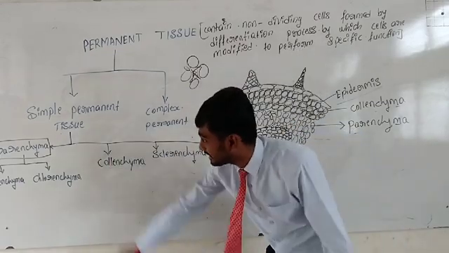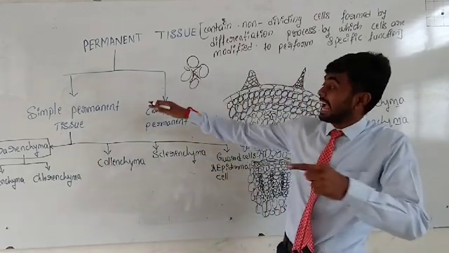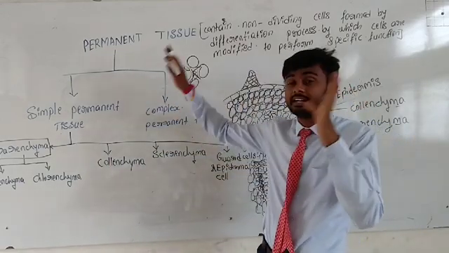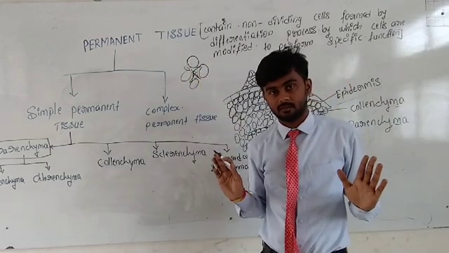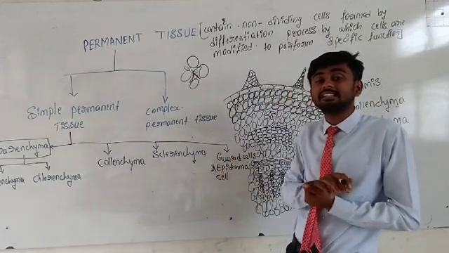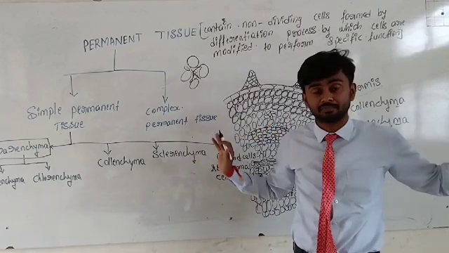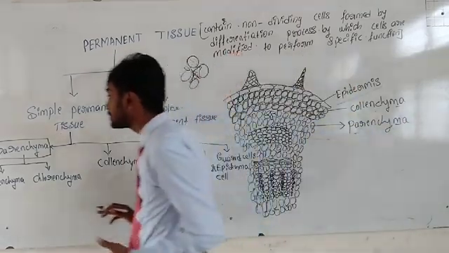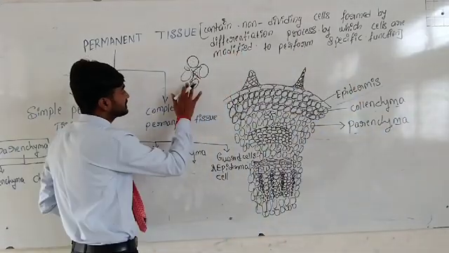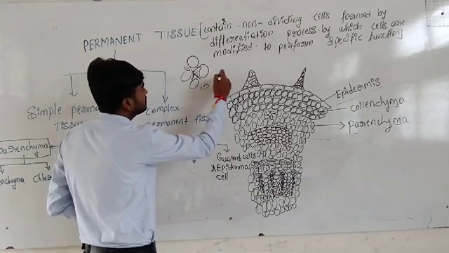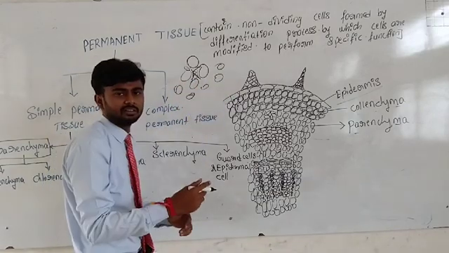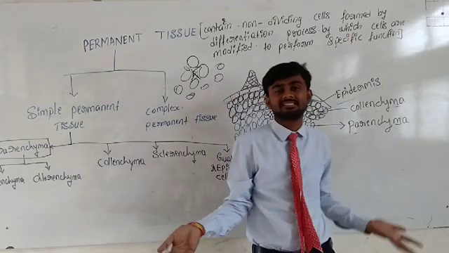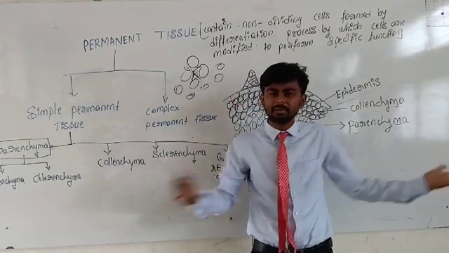Parenchyma cells are a type of simple permanent tissue. The parenchyma cells are loosely arranged. See students, I have told you. So this is a cell, and these cells are loosely arranged. There is no bonding between two cells or three cells or four cells, whatever it may be.